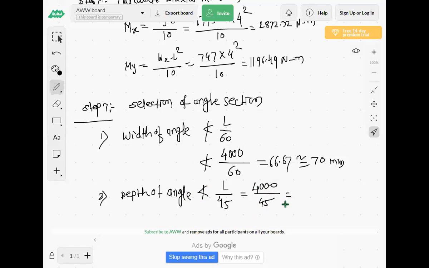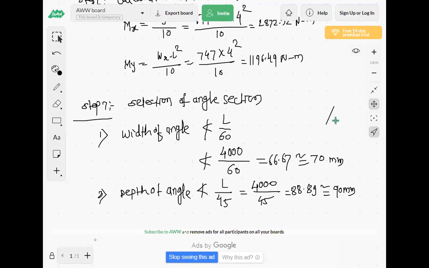It should not be less than this value. 88.89. It means we'll assume 90 mm. So our width should not be less than 70 mm and our depth should not be less than 90 mm. So that criteria we have to follow for selection of the angle section.